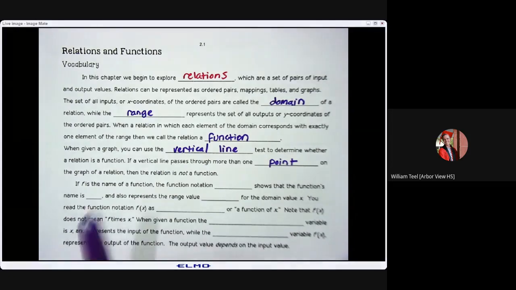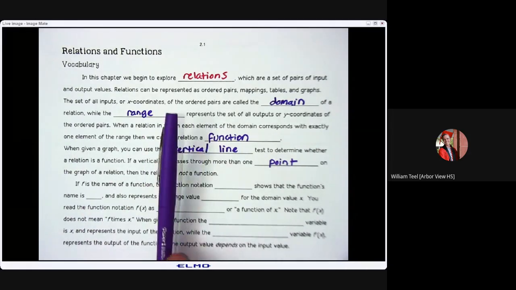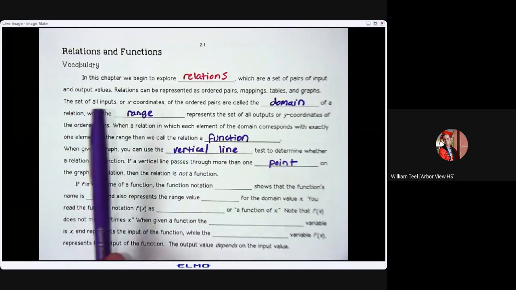So if we were to draw a vertical line through any given point on a graph, we only want that vertical line to touch the graph once. If it touches the graph once, the relation is a function. If it touches more than once, then that relation is not going to be a function.